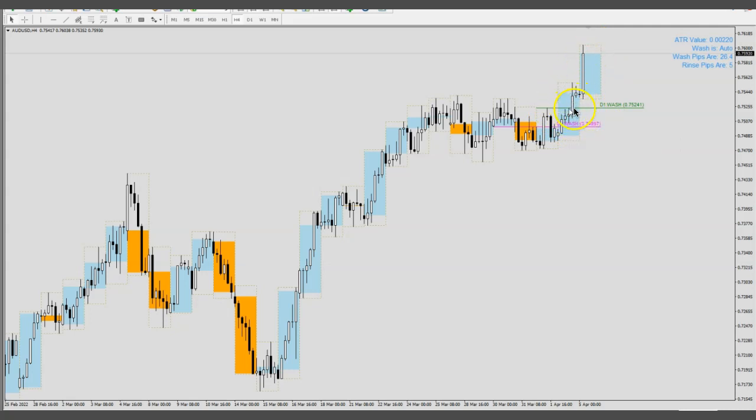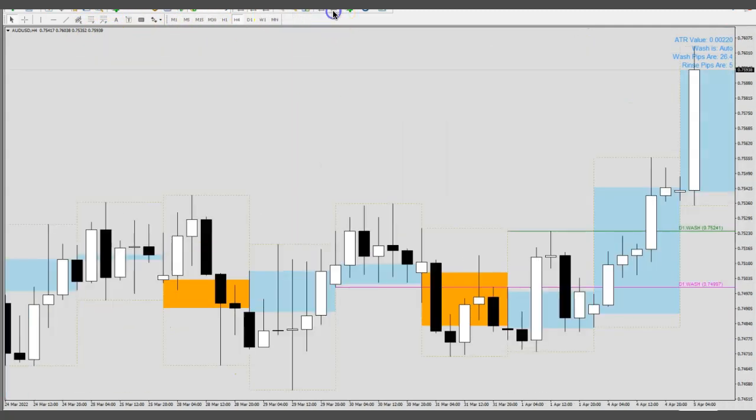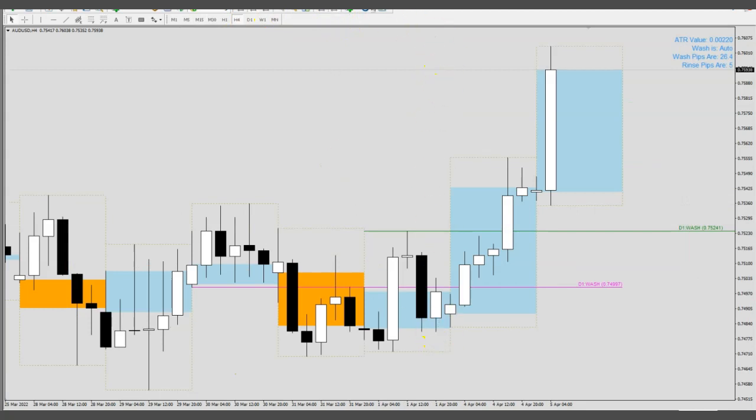For example, when we had the buy signal in Aussie, it was somewhere around this bar here, so that's our buy.